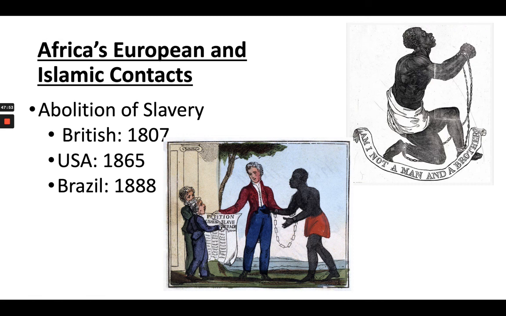And this is in part a response to Enlightenment thinkers. Slavery was seen as backwards, immoral, inhumane, and cruel. So, in 1807, the British abolished the slave trade. In 1865, the U.S. abolishes slavery. And it's not going to be until 1888 that the Brazilian slave trade is abolished.